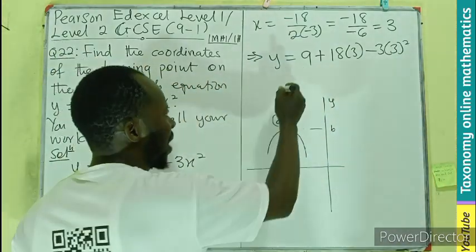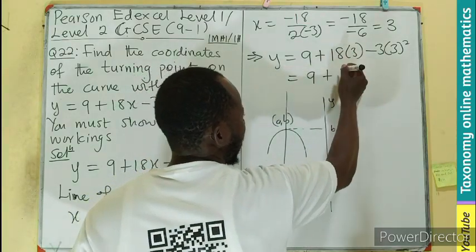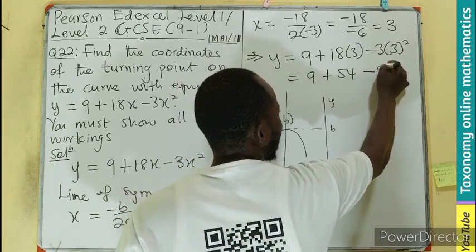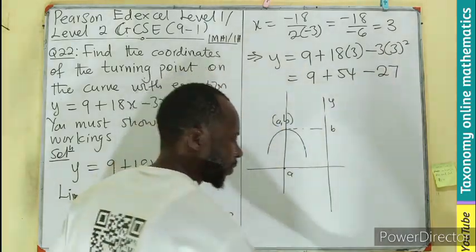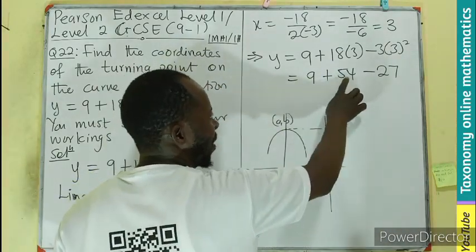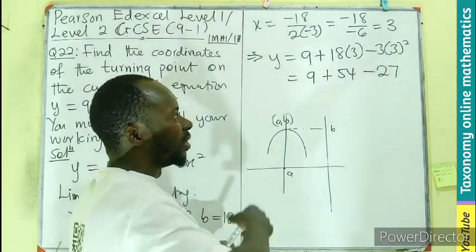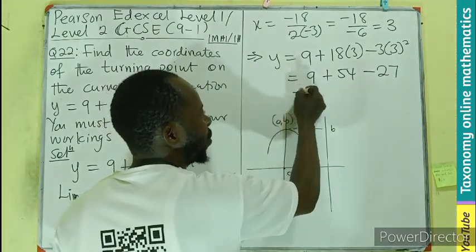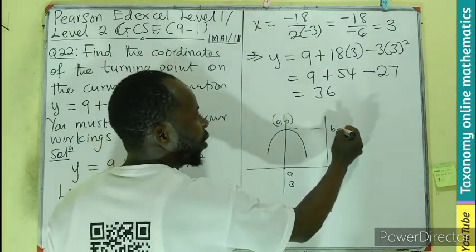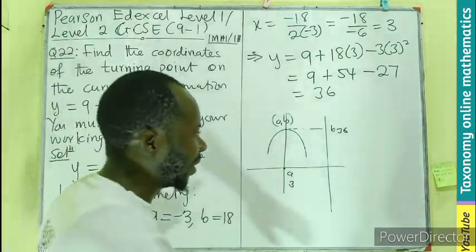So we have 9 plus 54 minus 9 times 3, which is 27. 63 minus 27 gives us 36. Meaning here will be 3, here will be 36 on the x and y axes respectively.